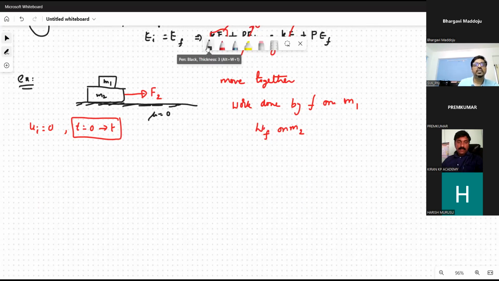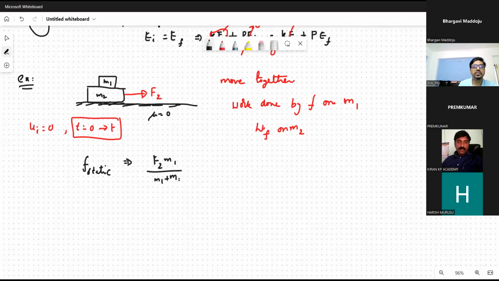So the first thing is, you know that the friction will be static friction here. The static friction is actually very easy to calculate. It will be F2 into M1 by (M1 plus M2). That will be the friction.